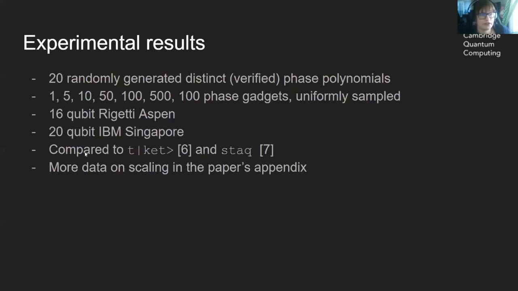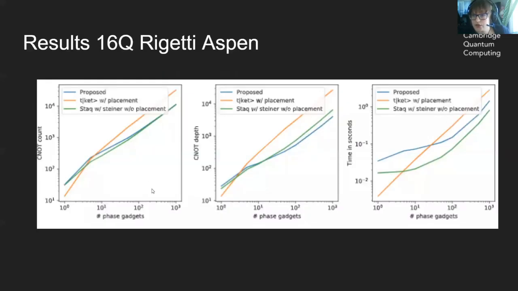And we also ran some qubit and phase gadget scaling experiments on fictional devices, and that can be found in the paper's appendix in case you are interested. So these are the results for the 16-qubit Rigetti Aspen device. On the left, you see the number of C-nodes that were synthesized by the different methods.